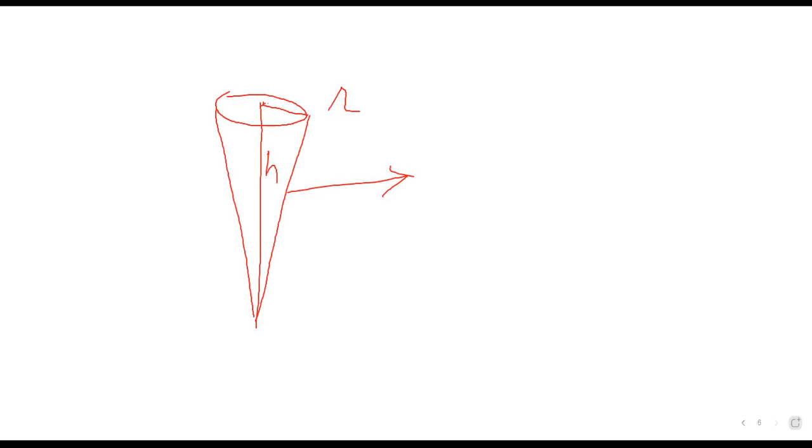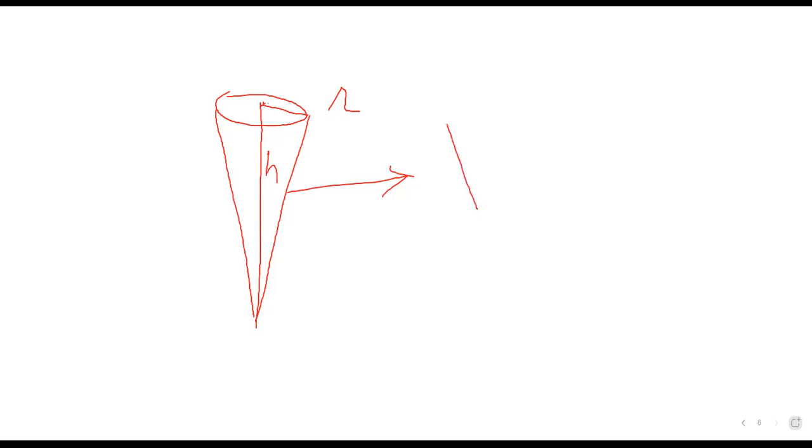So the volume of a cone, I am just going to read the problem. The volume of a cone, which is derived by treating it as a pyramid with infinitely many internal faces, is given by the formula.